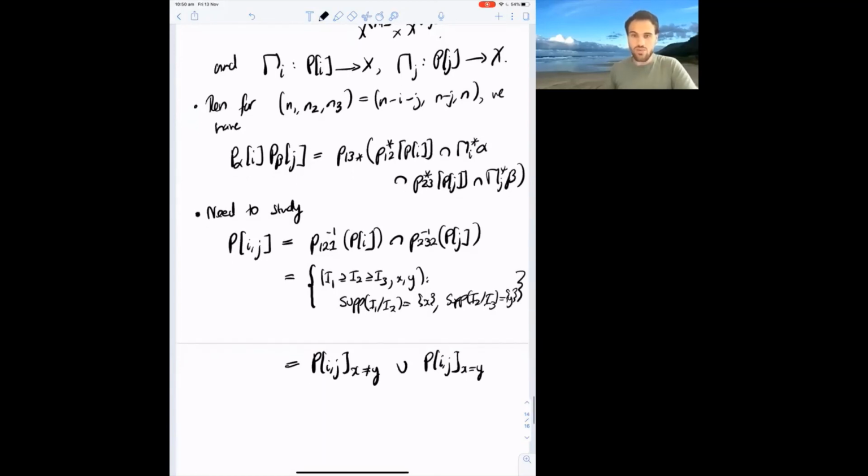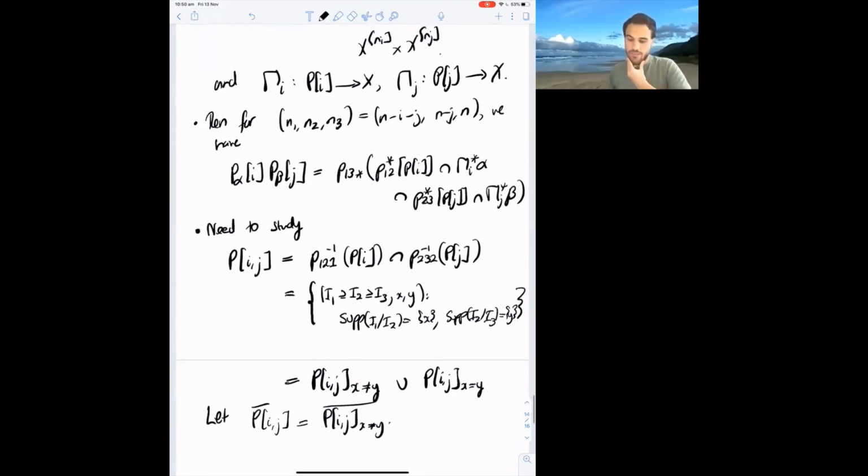One other thing I want to define is to look at the closure of this thing. So let Pij closure be equal to the closure of this. And then we want to start to analyze this thing. And what we're going to do is ignore the alpha and beta part first and understand this cap.